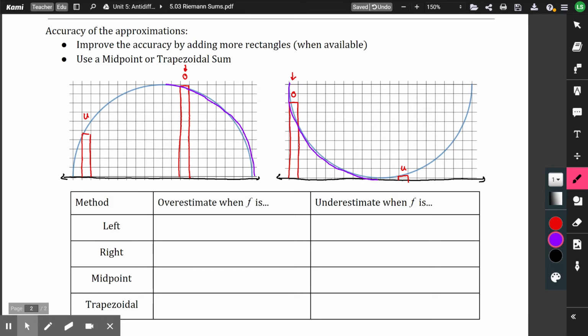So when our function is decreasing, our left Riemann sum ends up being an overestimate. And think about what that means in terms of your x and y values. If the function is decreasing, the value on the left will be higher than the value on the right, and we're taking the left values to be the height of each rectangle. So we're going to end up with an overestimate when f is decreasing.